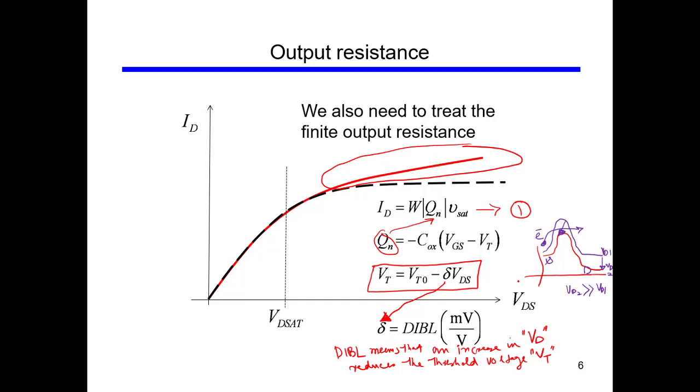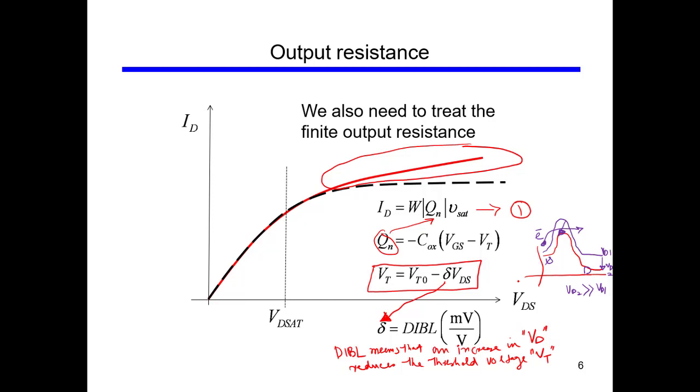So you can interpret DIBL as a mechanism of resistance. It lowers the threshold voltage and makes it easier for electrons to flow from one side to the other.